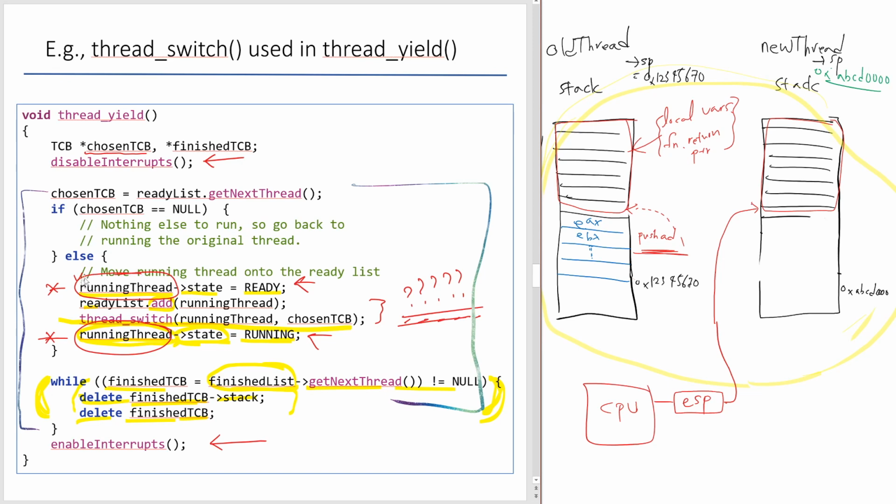After context switch, because we defined running thread should point to the TCB of the thread that's executing right now, the running thread should refer to this chosen TCB, the incoming TCB. But we never updated any variable in between. So what gives? What is happening right here?